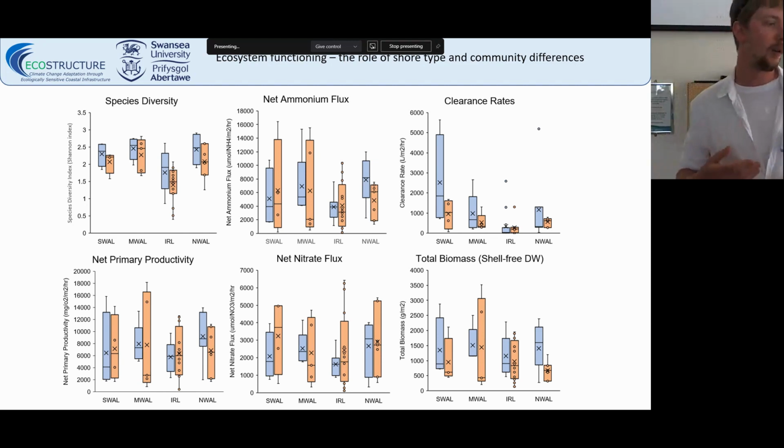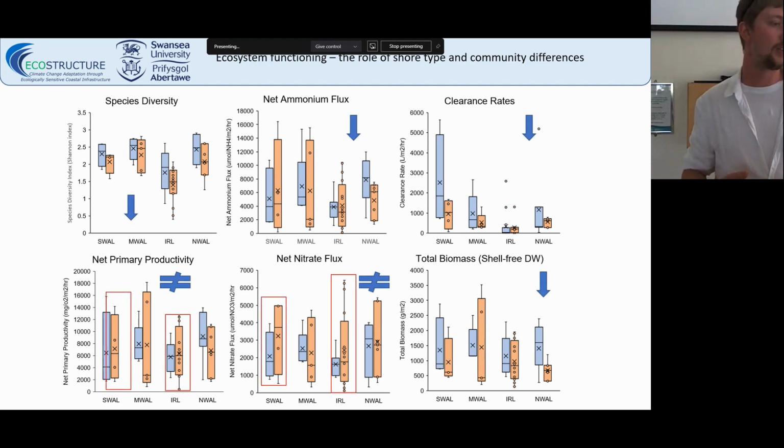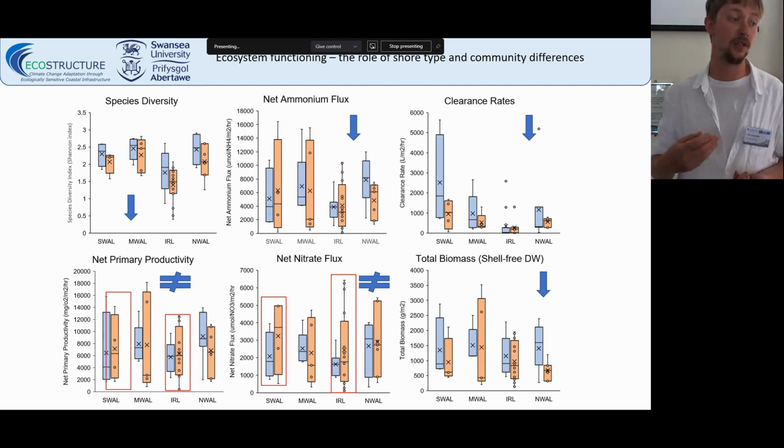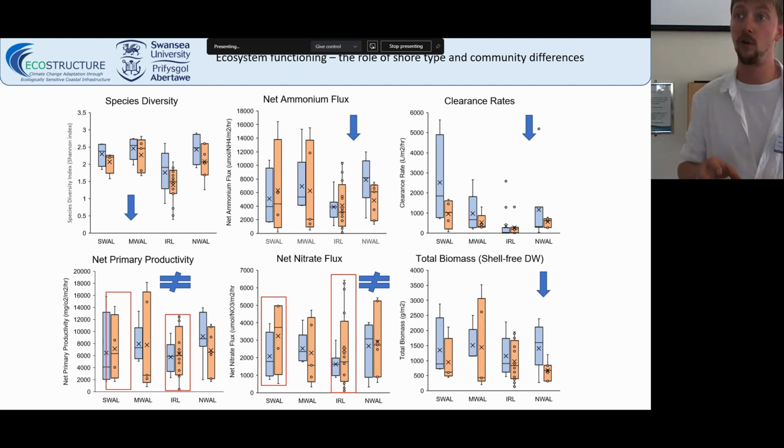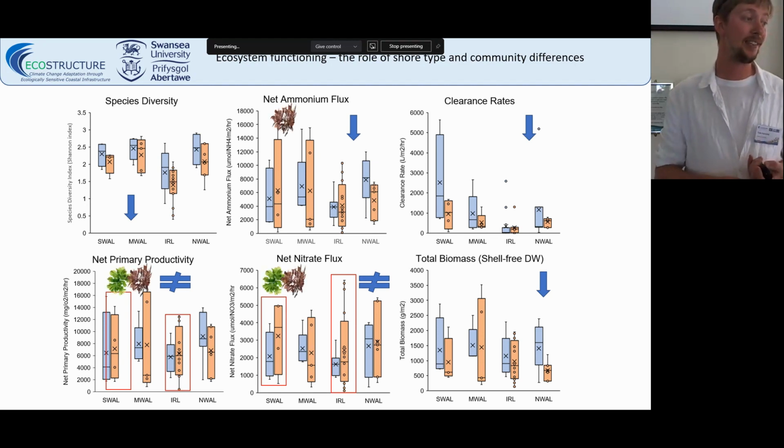However, for nutrient cycling and productivity patterns across South Wales and Irish coasts, the presence of fast-growing ephemeral species such as Ulva and Porphyra, particularly on artificial structures, can lead to some enhancement of metabolic function. However, these shores still tend to support far less biomass of filter feeders and just total biomass.